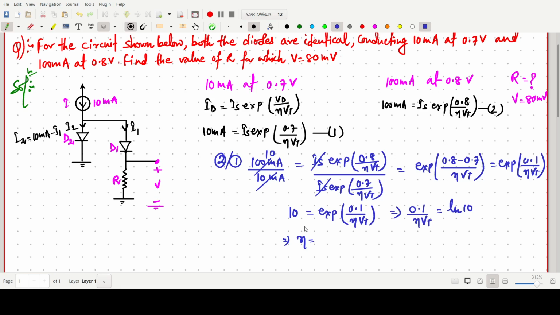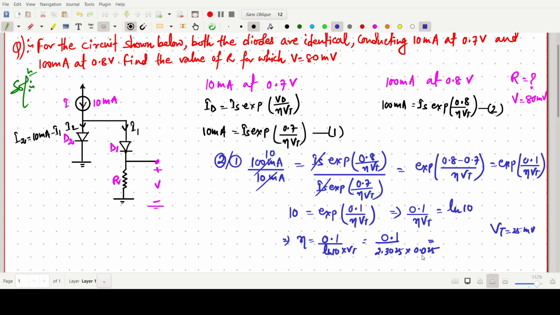So eta can be written as 0.1 by (ln 10 into VT). ln 10 is simply 2.3025, and VT is 25 millivolt, so 0.025. VT is 25 millivolt, it is given, or you have to remember.